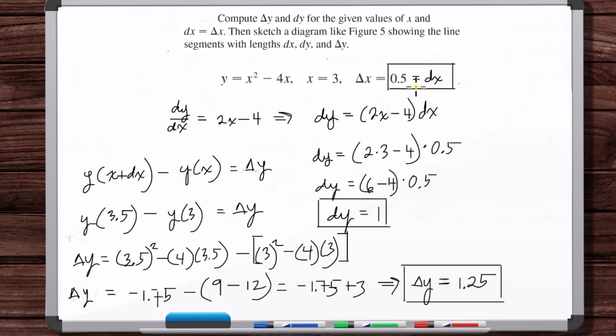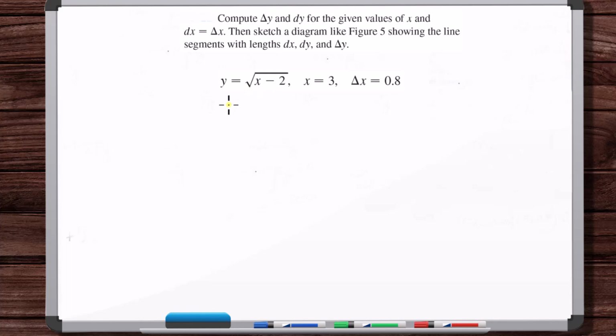We're going to see there's a y difference for this function between x is equal to 3 and x is equal to 3.5. That's what delta y is. There's also going to be a difference between the tangent line point at x is equal to 3, which is going to be the exact same because both points are on this curve, and the tangent line at x is equal to 3.5, and that y difference is dy.